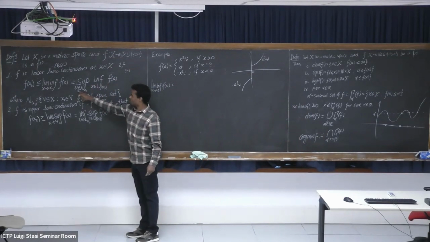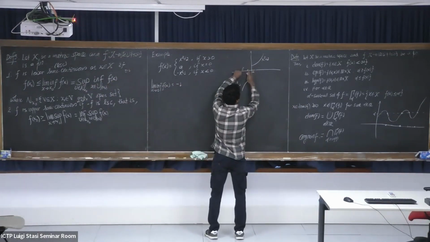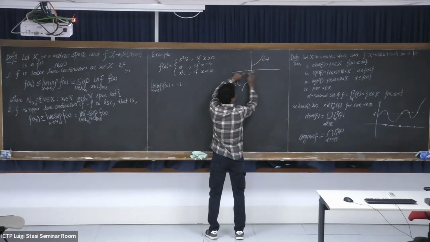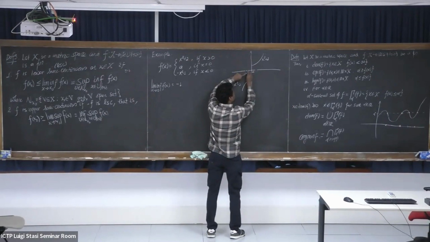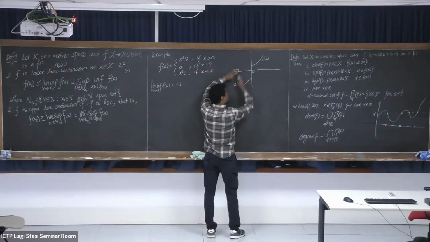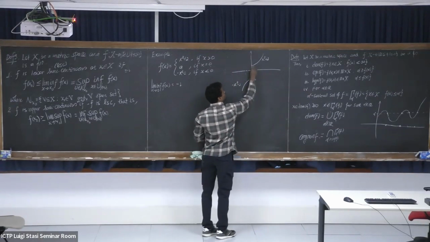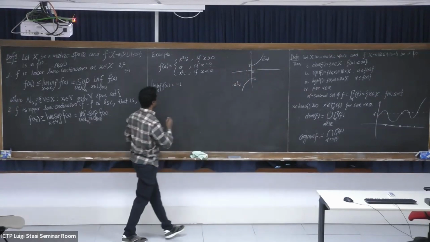So the supremum will be -1. That's all. Because we can take any neighborhood. Over this neighborhood, the infimum value is here. Over this infimum value, the supremum value is -1.